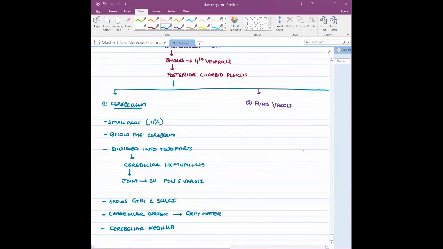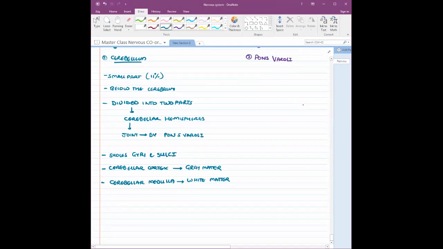This is nothing but, it is going to show you your cytons. Then the next thing is we have cerebral medulla. Cerebral medulla shows axons and it is going to be white matter. Cerebellar medulla, once again, the same thing, guys. It is going to show you your white matter. So exactly the same thing we are seeing.